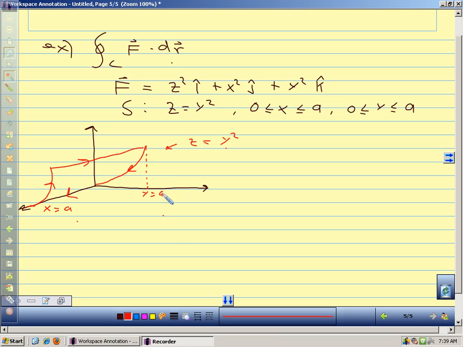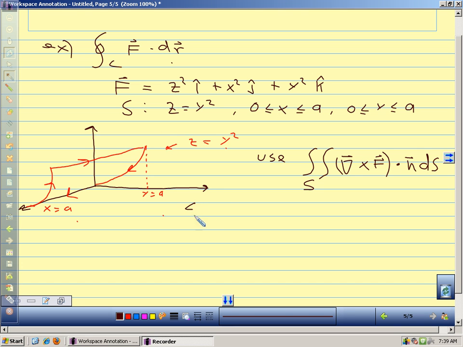So we're going to use Stokes theorem. Stokes theorem tells us that this line integral is the double integral of del cross f dot n ds. And we're hoping that this double integral is easier to evaluate than these 4 line integrals.